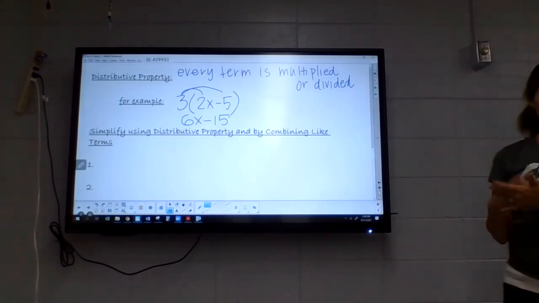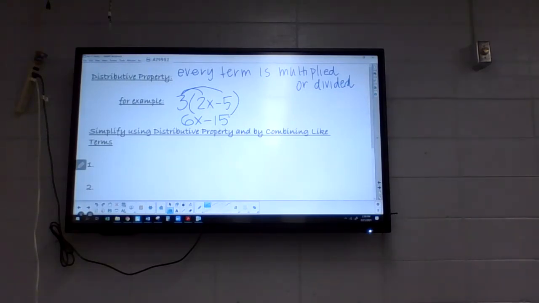So when we combine these two ideas together, we're going to do distributive property first, then we're going to combine like terms.